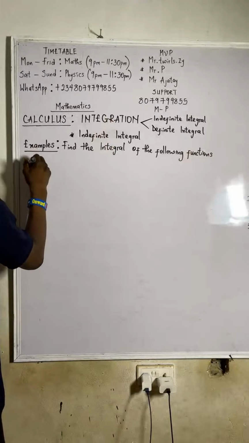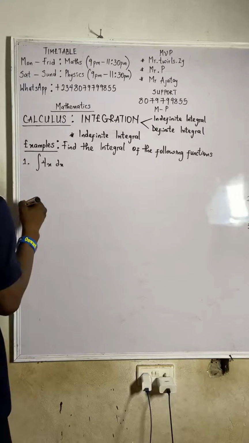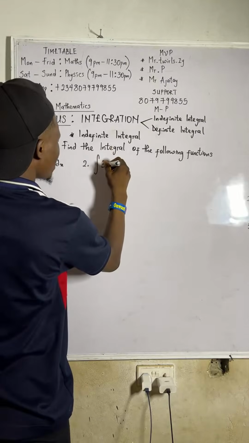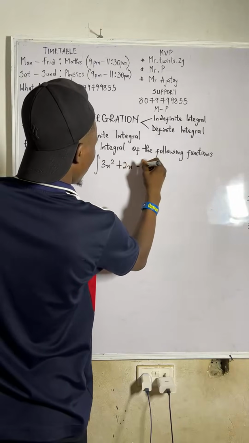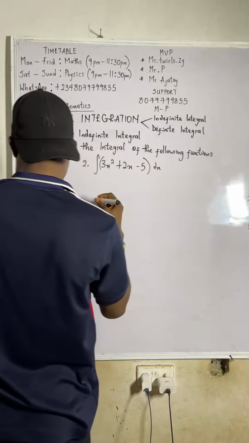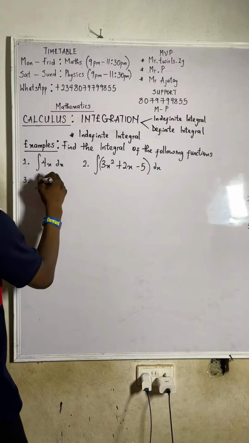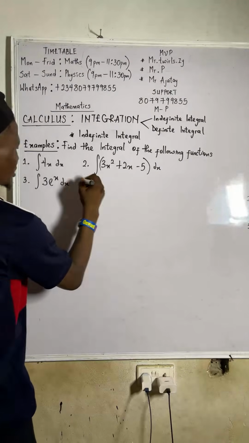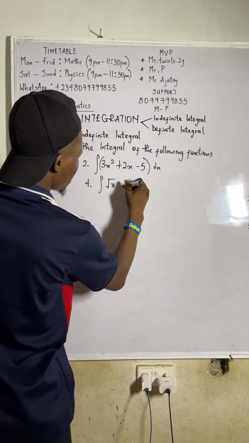Question 1. Integral 4x with respect to dx. Question 2. Integral 3x squared plus 2x minus 5 with respect to dx. Question 3. Integral 3 exponential x with respect to dx. Question 4. Integral square root of x with respect to dx.